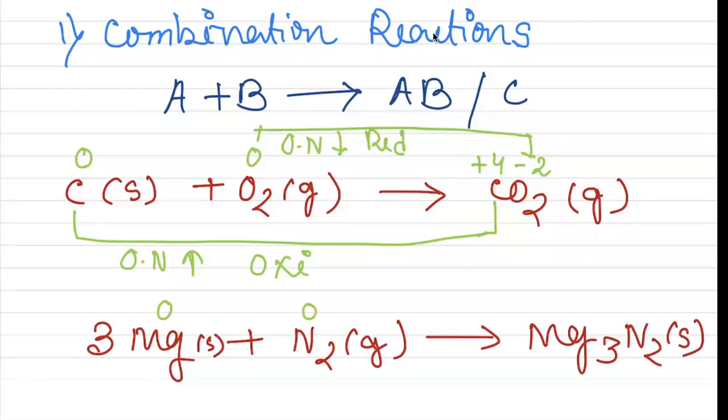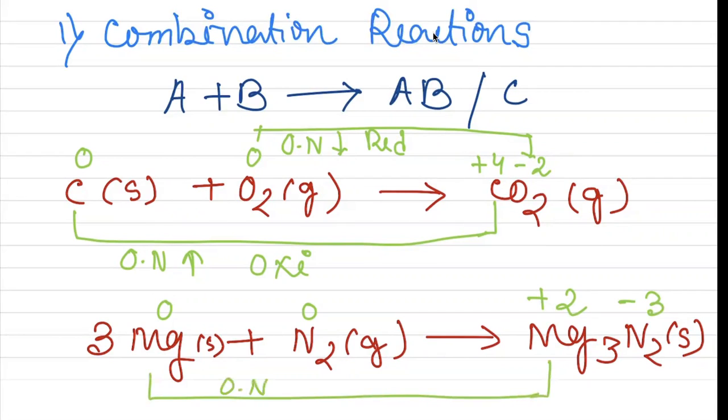Now here magnesium will be in +2 oxidation state and nitrogen will be in -3. So from 0 to +2, the oxidation number increases, that means oxidation. And from 0 to -3, the oxidation number decreases, that means reduction.